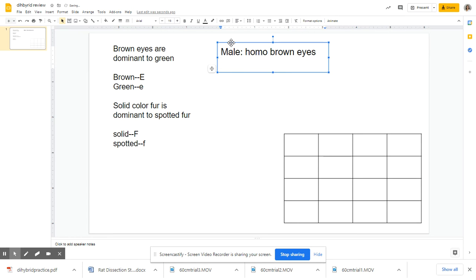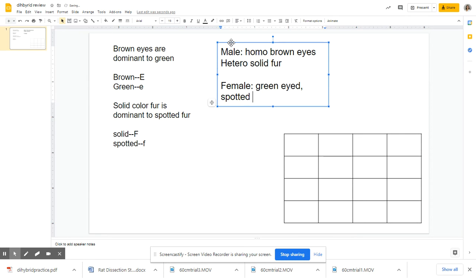And also that male dog is heterozygous for solid fur. And we have the female, and what we know about her is that she is a green-eyed spotted dog. Okay, so that's the information we have to go with.